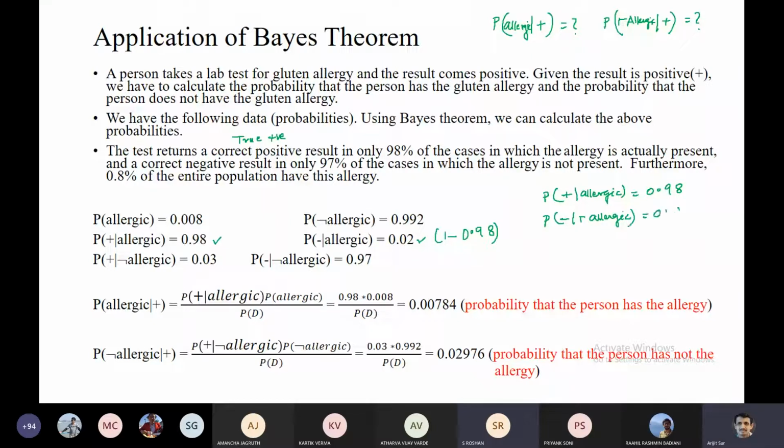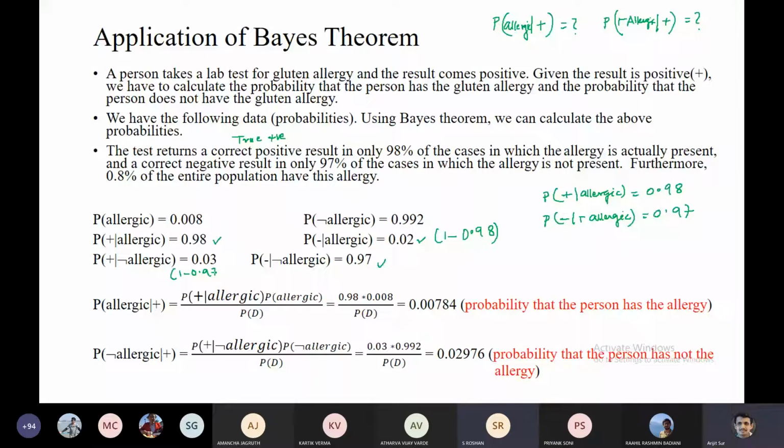And when it is a false negative, that is 1 minus 0.97, so this is 0.03. These two you can also understand.